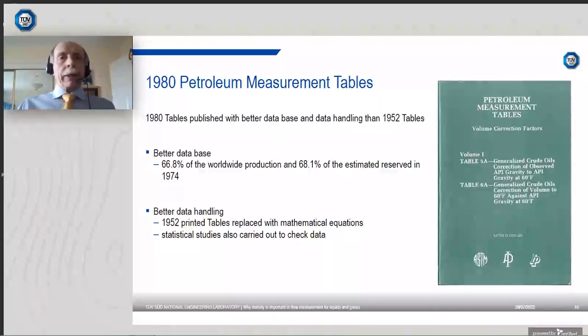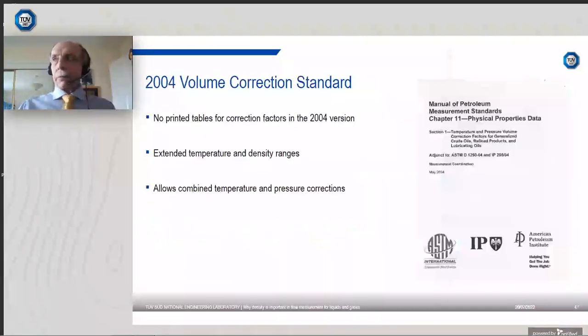And they also implemented additional statistical checks. The 2004 correction, which again was a joint publication, moved entirely to algorithm-based calculations, so no printed tables. It extended the temperature and density ranges and also allowed combined temperature and pressure corrections.